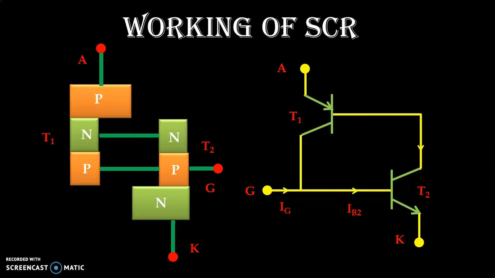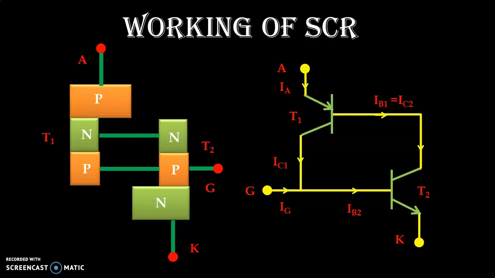As collector current passes through the transistor T2, which is connected to the base of the transistor T1, the base current for T1 also flows. If the base current to transistor T1 is applied, the collector current of transistor T1 also starts flowing.